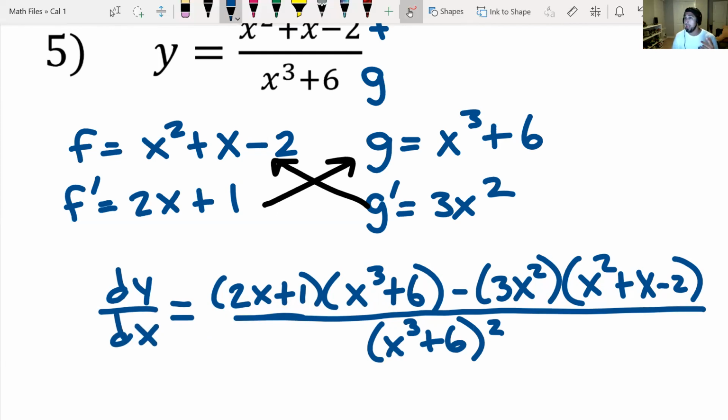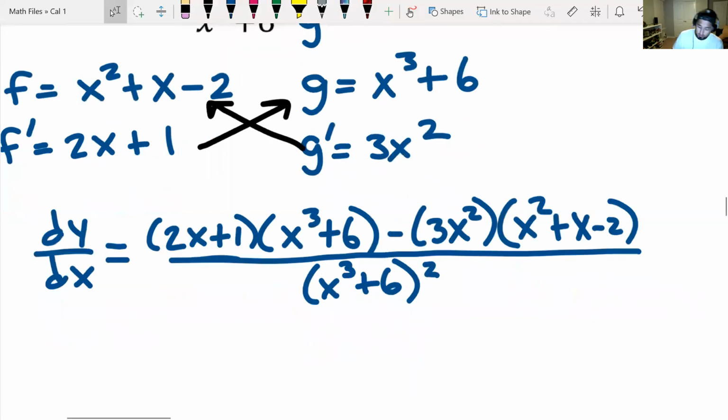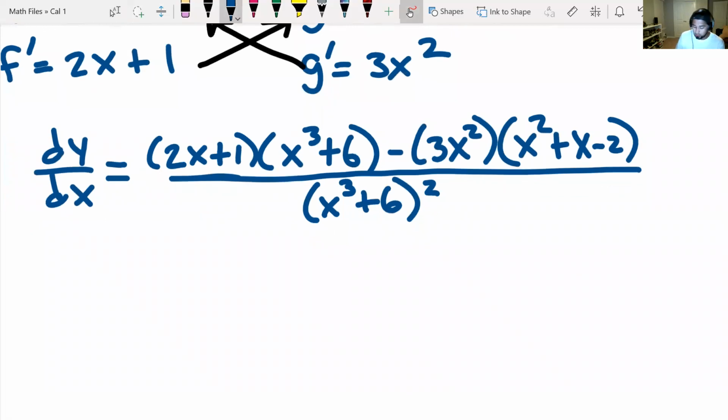Okay, and again, derivative is done. Quotient rule formula done. Calculus done. Rest is algebra. FOIL, distribute, combine like terms. It's a good song. Get it burnt in your head.